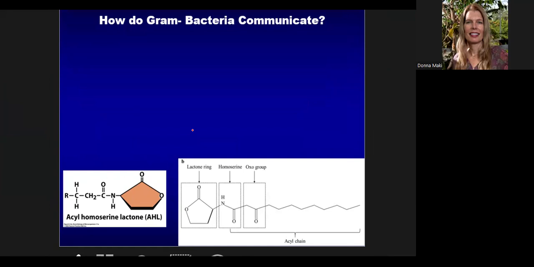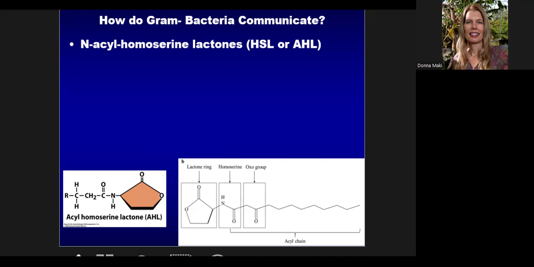And so with gram-negative, we know they differ from the gram-positive with their cell wall type, but they also seem to have this ability to produce these chemicals called N-acylhomoserine lactones, which are abbreviated HSLs, or sometimes AHL, same thing.